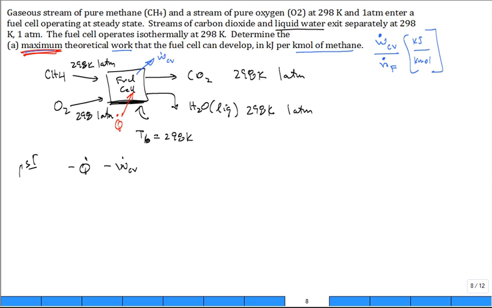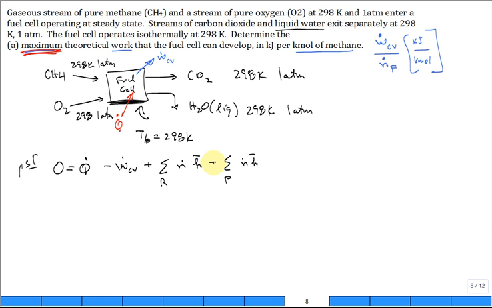We're going to do steady state. And then we're going to have the sum of the molar flow rates times the molar enthalpies of all of the reactants minus the sum of the products' molar flow rate enthalpies. True? I like to go with ins and outs. Q dots in, W dots out. Sum of the reactants in, products out.